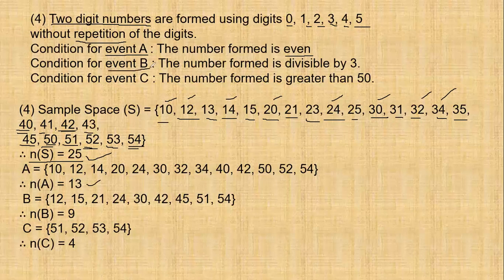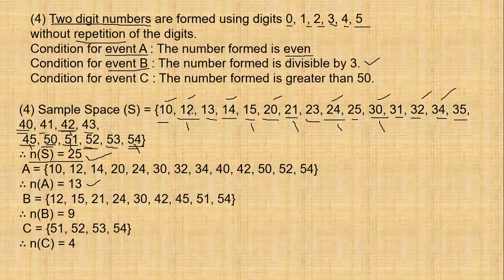So in event B, the number formed is divisible by 3. Write down the numbers which are divisible by 3. 12 is divisible by 3. Then 15, then 21, 24, 30, then 42, then 45, then 51, then 54 are divisible by 3.